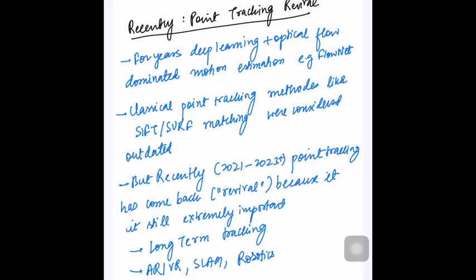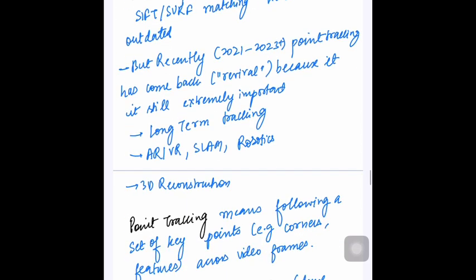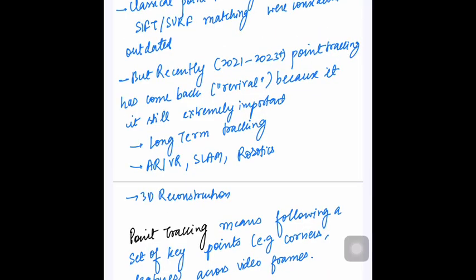If you look at recent applications of augmented reality, virtual reality and robotics, you will understand that these applications basically support point tracking instead of tracking pixels from one frame to another. So what does point tracking mean?